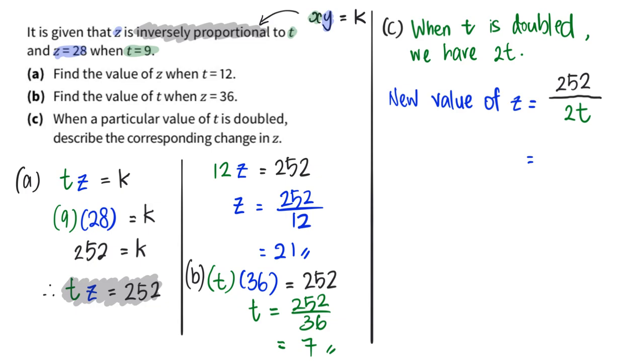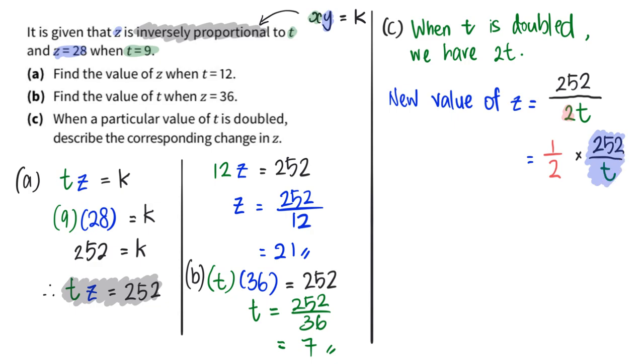Let's see what happens to this new value of Z. I saw there's a 2 here. This is what we are going to do. I'm going to rewrite it as half times 252 over T. Why does Mr. Tan do that?